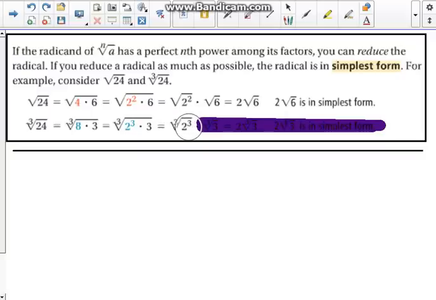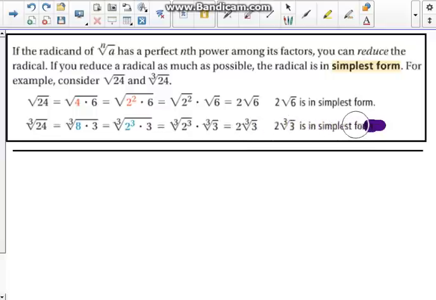The cube root of 2 cubed times the cubed root of 3, and we can clear that out. The cubed root of 2 cubed is 2, and leave the cubed root of 3, and that's our answer.